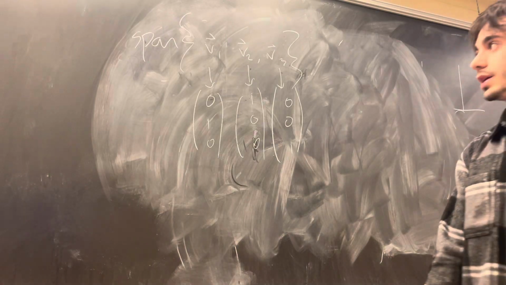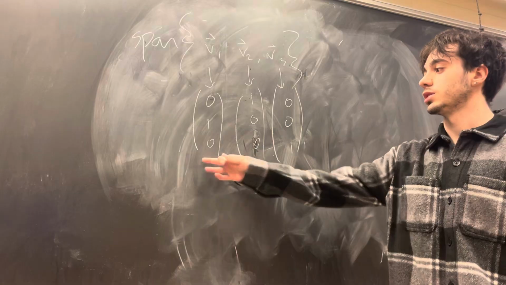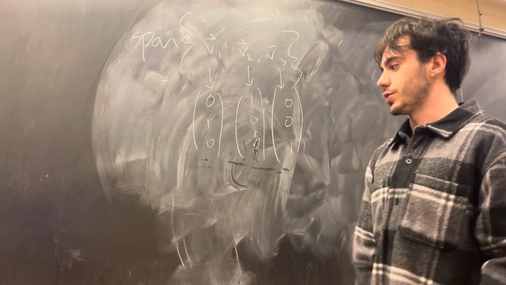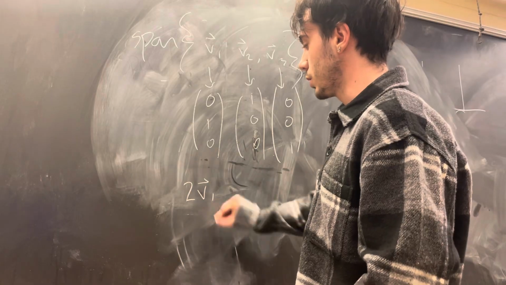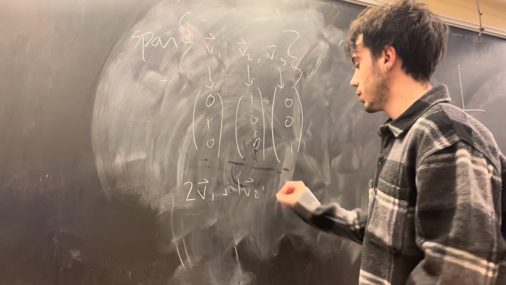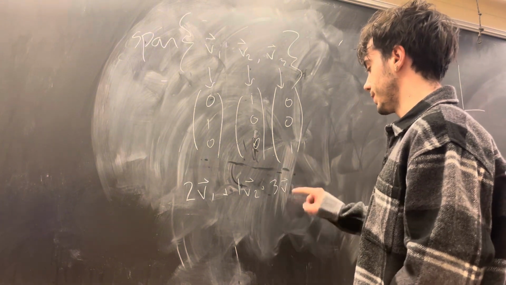Then a vector that's in the span of these is just some linear combination of these three, which is not very hard to do. We could say, let's do 2 times v1 plus 1 times v2 plus 3 times v3.